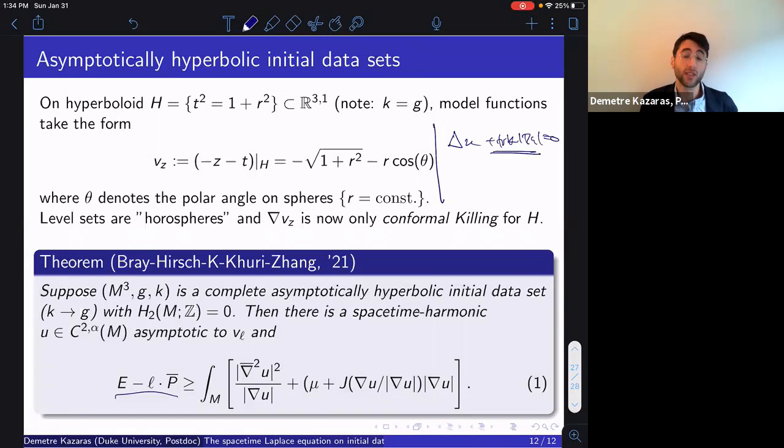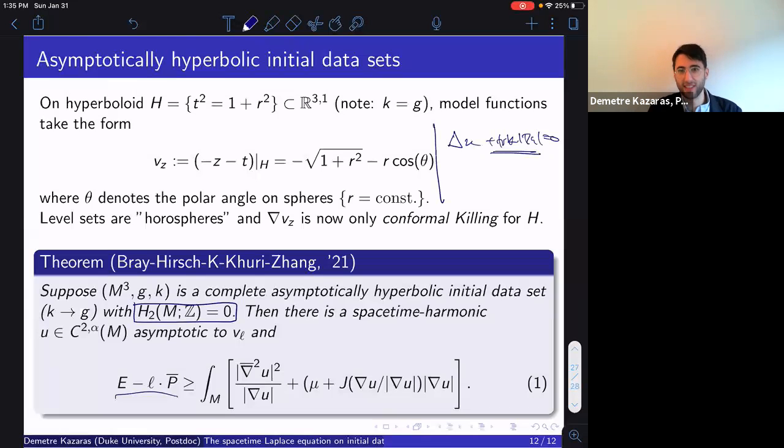That bulk integral, just like before, bounds what you would call the hyperbolic mass from below. Things get a bit more complicated here. This is forthcoming work, by the way.